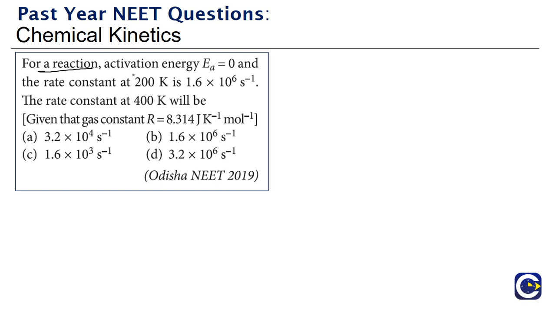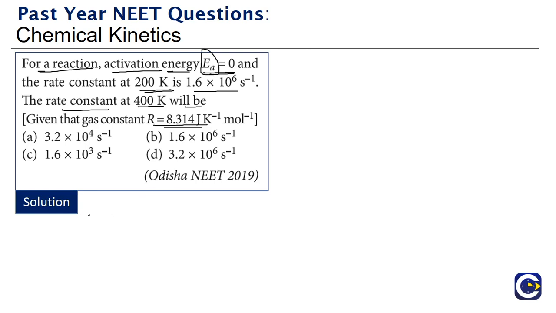For a reaction, the activation energy, for which we generally use the symbol EA, is given as 0, and the rate constant at 200 Kelvin is 1.6 into 10 power 6 second inverse. We are asked to find the rate constant at 400 Kelvin, using the value of R as 8.314 joule per Kelvin per mole.